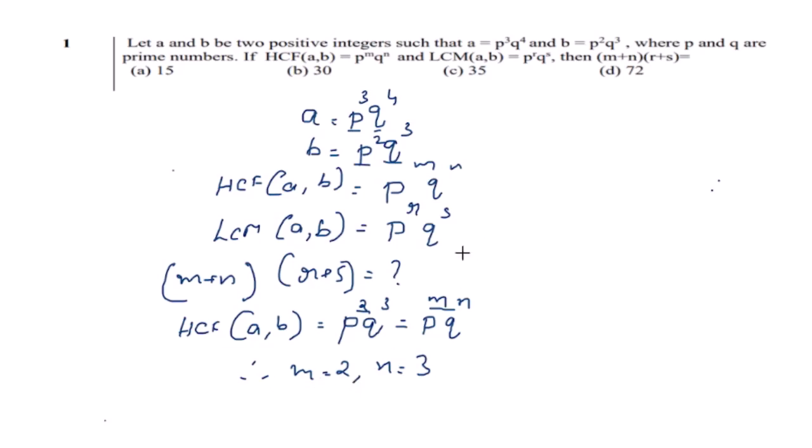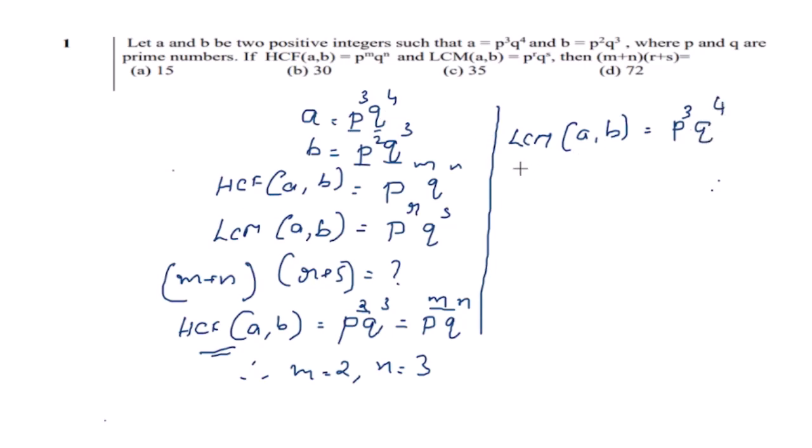In the same way, we have to find out what r and s are. So what is LCM? HCF we found out here. Next one, LCM. LCM of a, b is equal to LCM of a and b. That is p cube and p square. LCM of p cube and p square is p cube. LCM of q raised to the power 4 and q cube is q raised to the power 4.